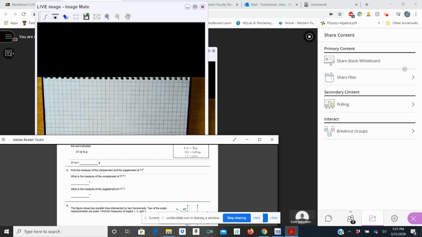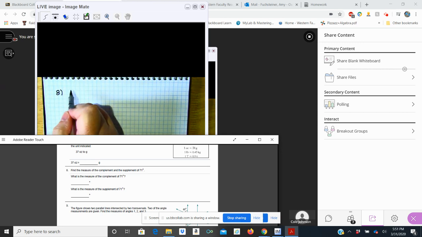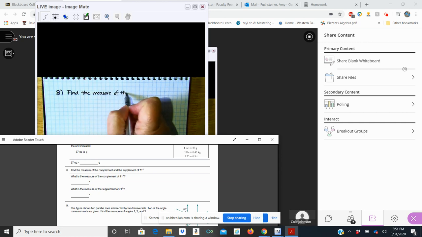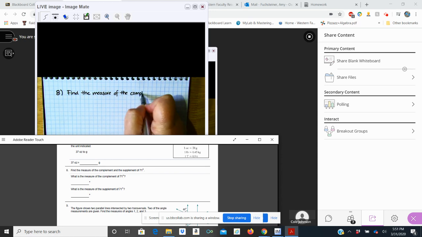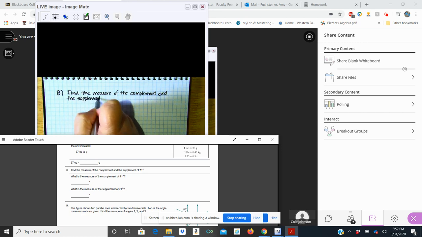Where are we? Okay, so problem number 8. My problem number 8 says to find the measure of the complement and the supplement of 71 degrees.